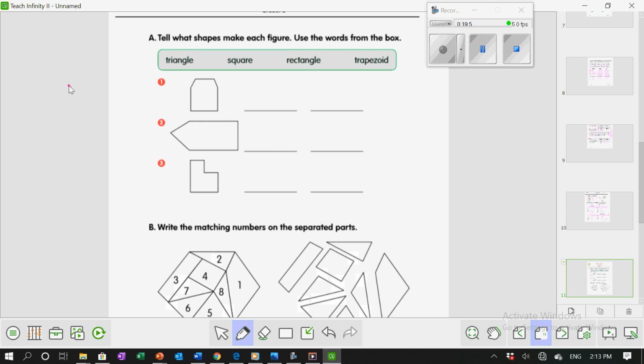You have to find what 2D shapes you used to make this composite shape. If I draw a line from here to here, I can see up I have a trapezoid and down I have a square. So here I'm using trapezoid and square.